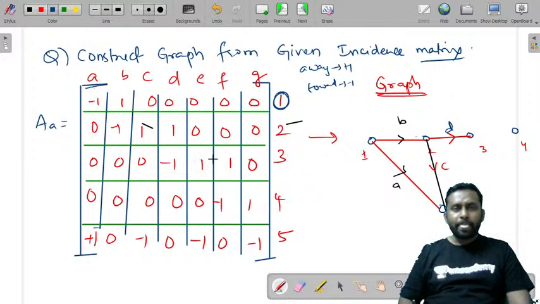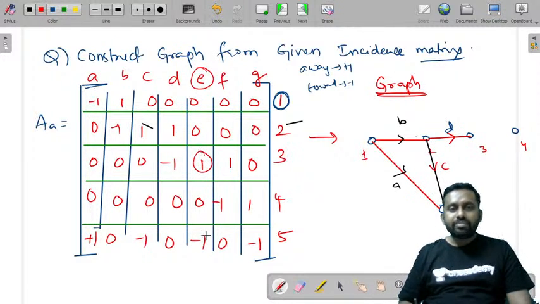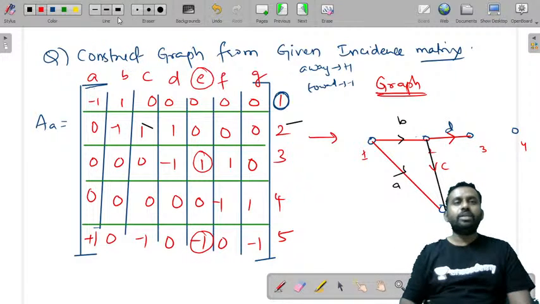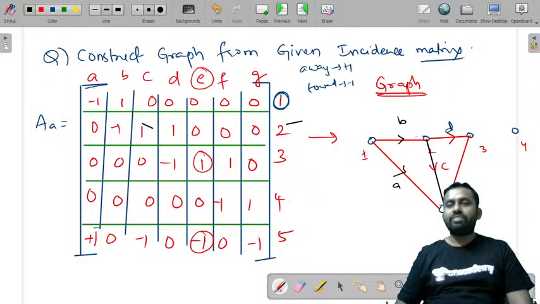E is between 3 and 5. This is E. Let's not take the directions as of now.